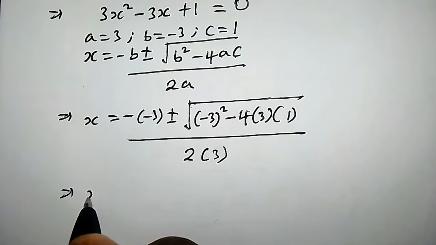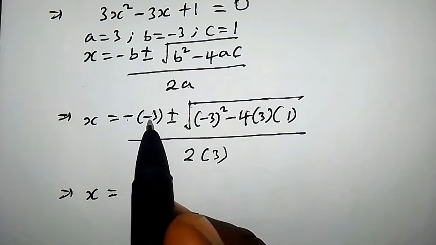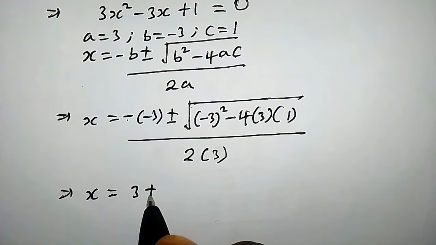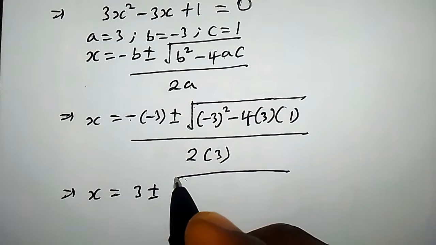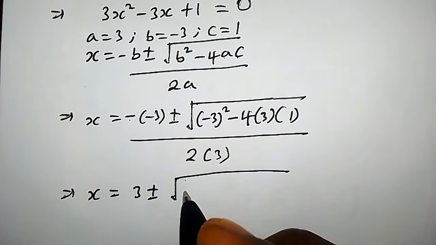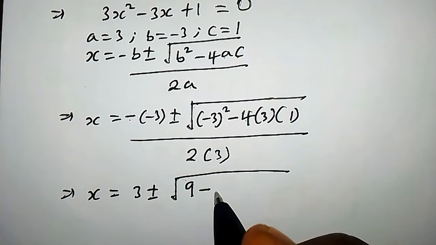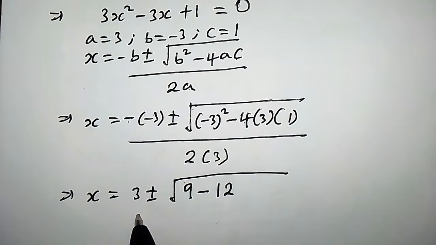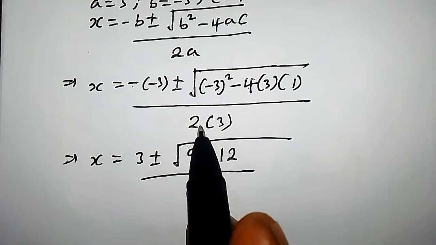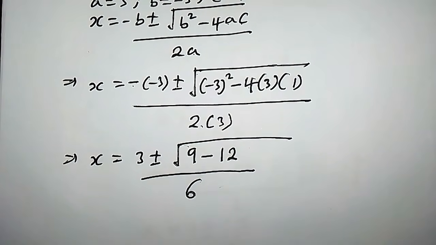This implies that x is equal to minus times minus 3, that is 3, plus or minus square root of minus 3 all square, that is 9, minus 4 times 3 times 1, that is 12. Everything divided by 2 times 3, that is simply 6.